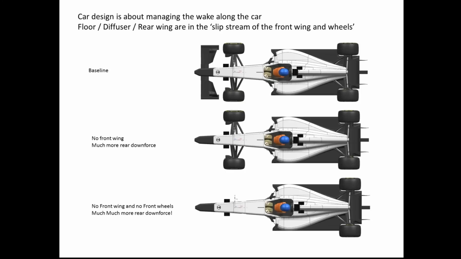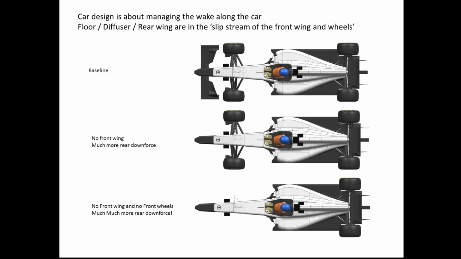You will always gain rear downforce, but how much you are going to gain is very interesting to compare with your CFD results. This is a very good way to do some correlation work and check that the effect of the front wing on the rest of the car is effectively correct and well simulated in CFD, and that in the wind tunnel you recover the same offset, as we say, so an offset of rear downforce and drag as well.